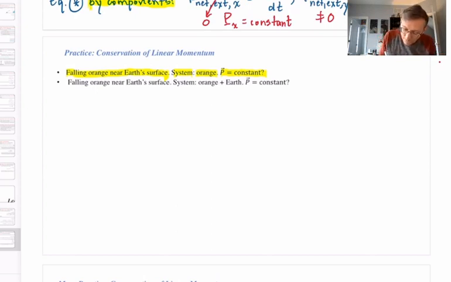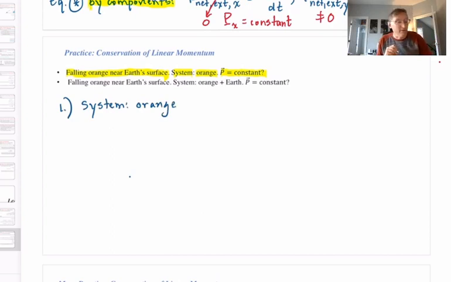Okay, so I'll call this part 1, system orange, falling near Earth. Okay? There's our surface. There's the orange. That's the closest I can get to orange in color. I'm letting it fall.